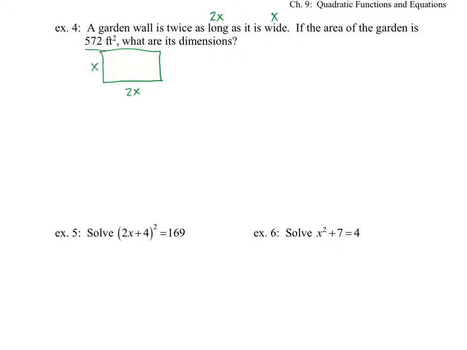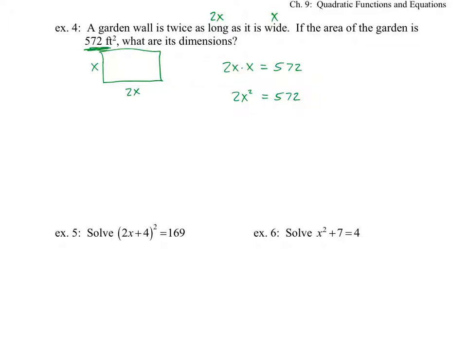All right, we want to find the area. We know the area is 572 feet. Would you agree area is base times height? So I could say 2x times x, or length times width, but that's going to give me the area of 572. So then, what are its dimensions? Well, do you agree this is 2x squared equals 572?